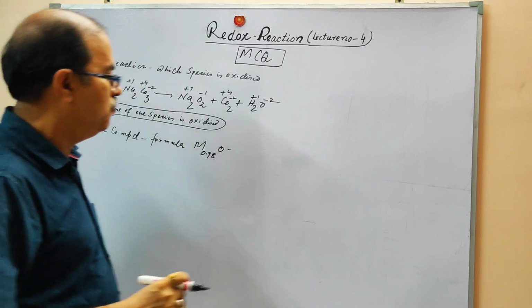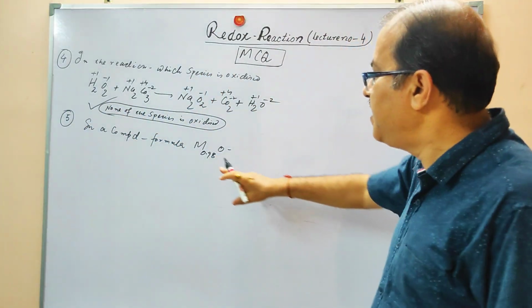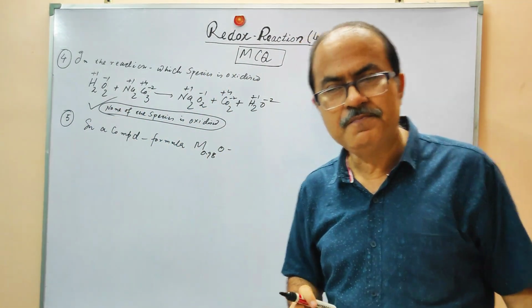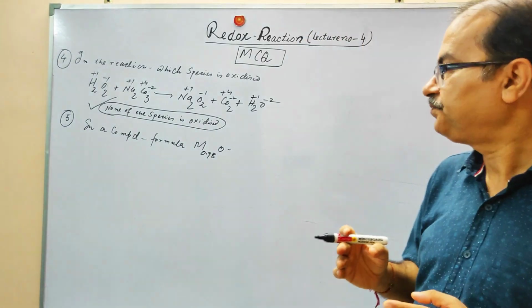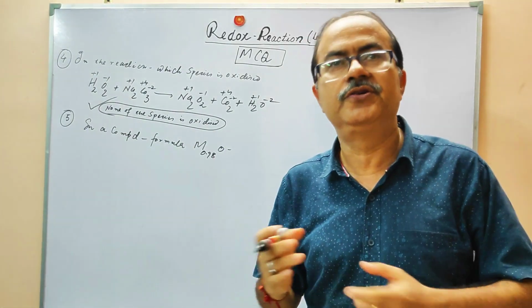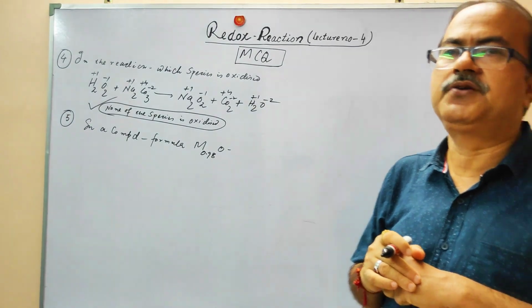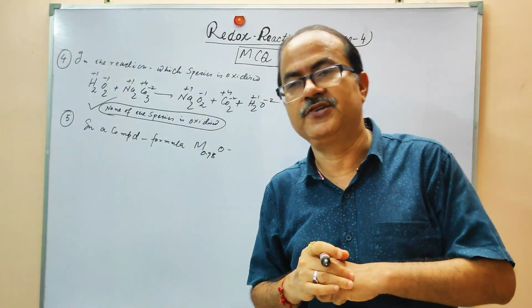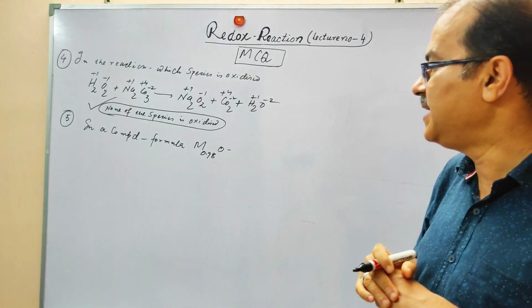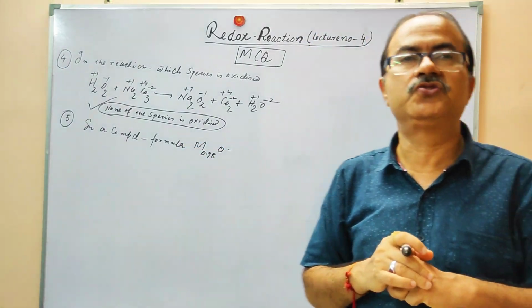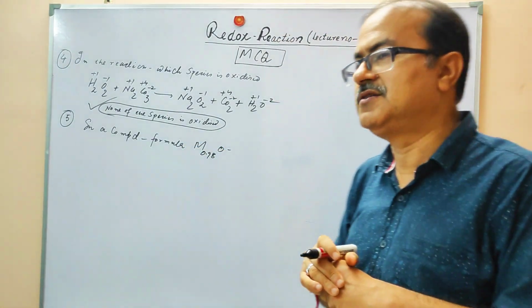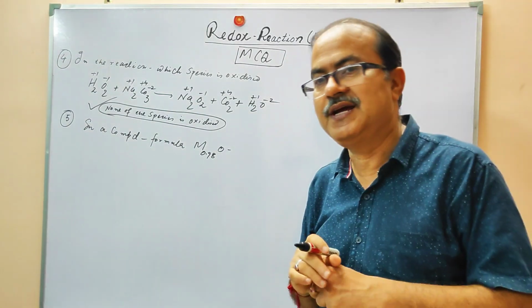And it is also found that M is a fraction, 0.98. You will know why in your solid state chapter when you are studying solid defects. At that time you will understand why this type of formula is coming. It is a fractional number.